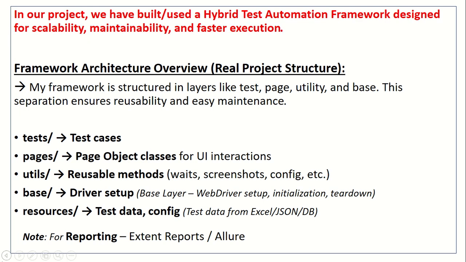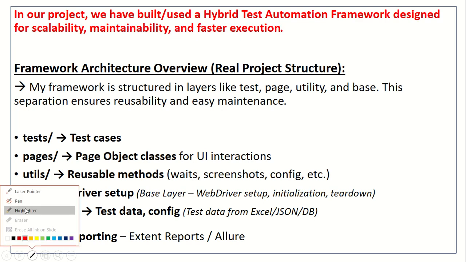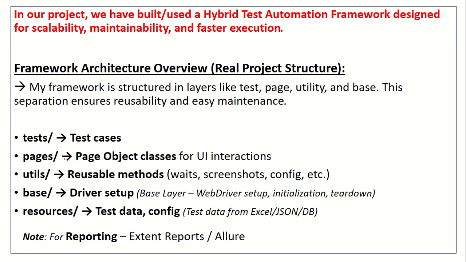The test layer contains the test cases, whereas the page layer contains page object classes used for UI interactions, and the utils layer contains the reusable methods, and the base layer contains driver setup details like WebDriver initialization or teardown process.